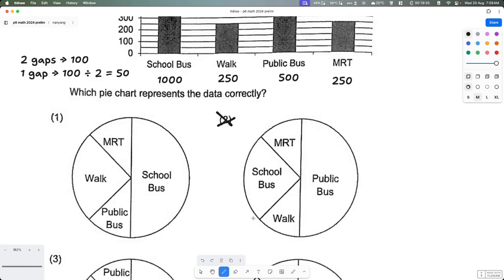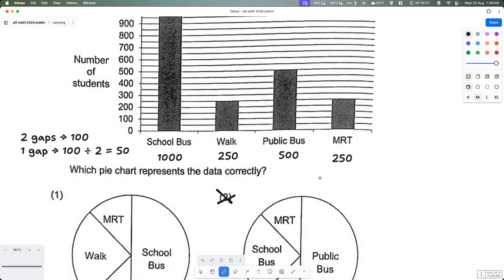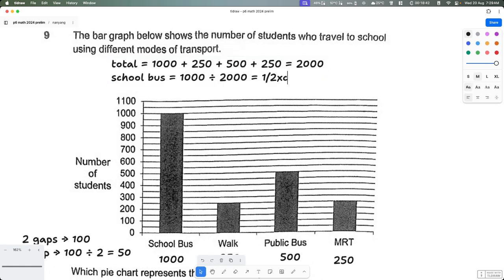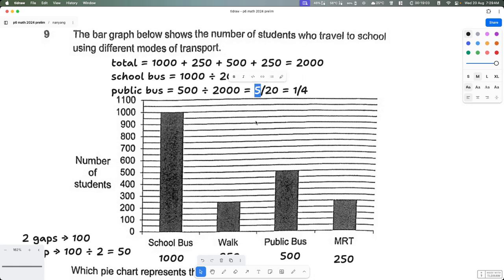So in this case, which one do you think is 1/4? Public bus is equal to 500 divided by 2,000, which is equal to 5 over 20. If we simplify it by dividing both by 5, it is 1/4.